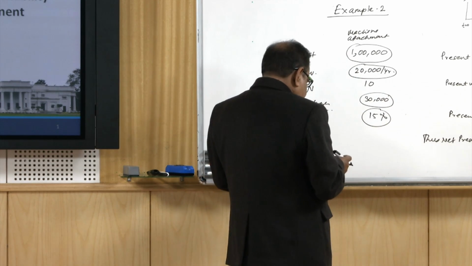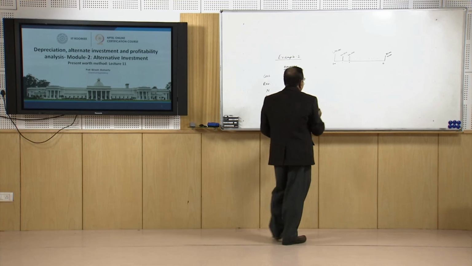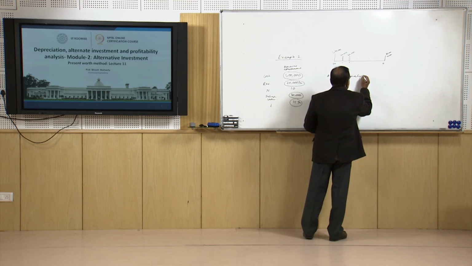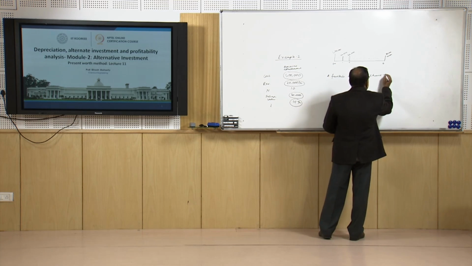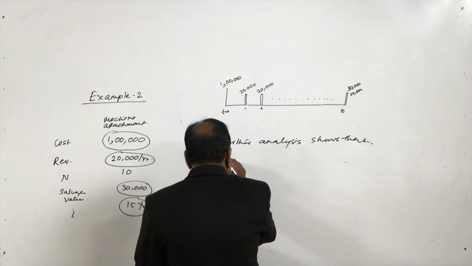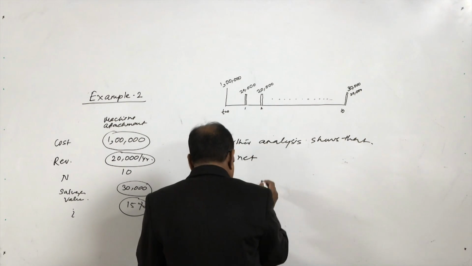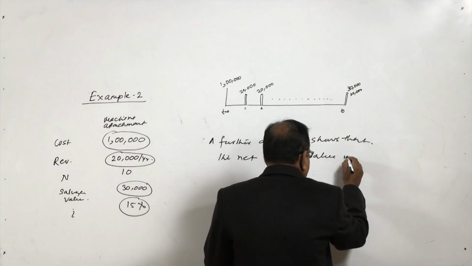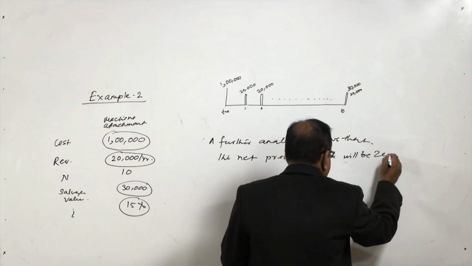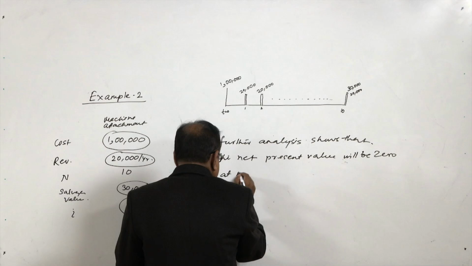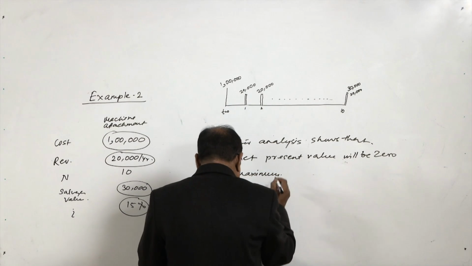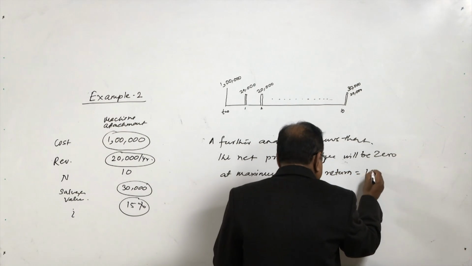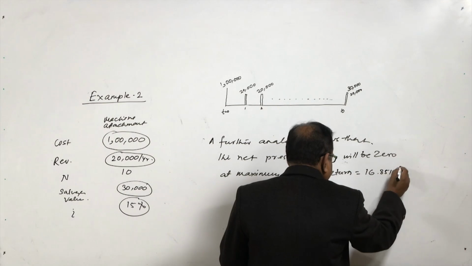And if you actually see, a further analysis shows that the net present value will be 0 at a maximum rate of return equal to 16.851%.